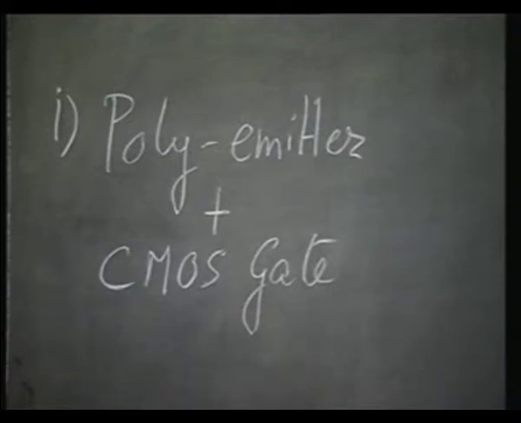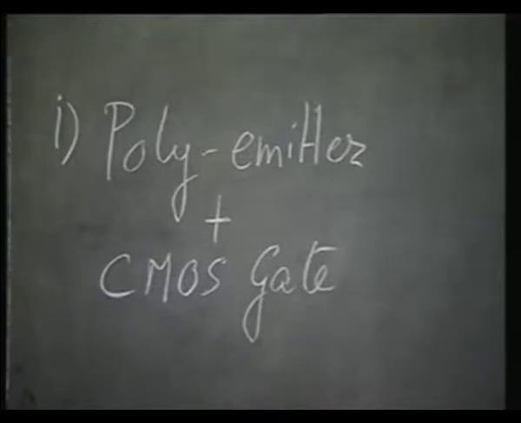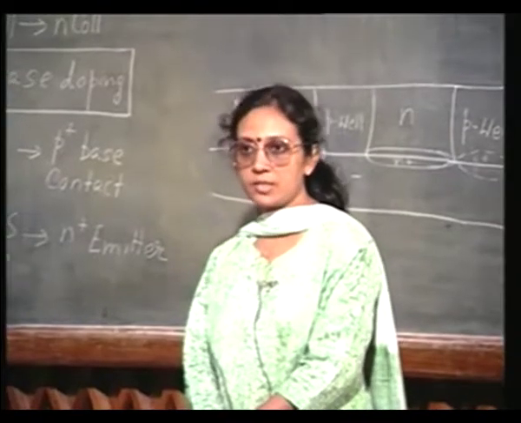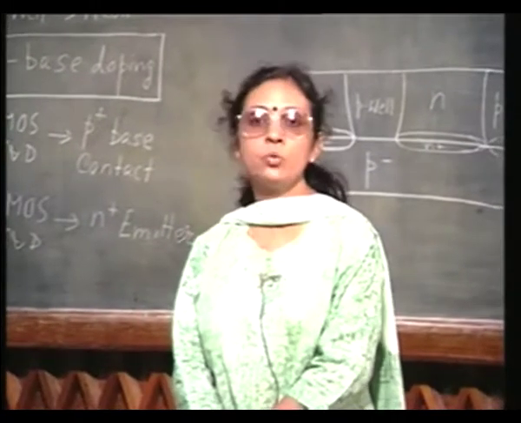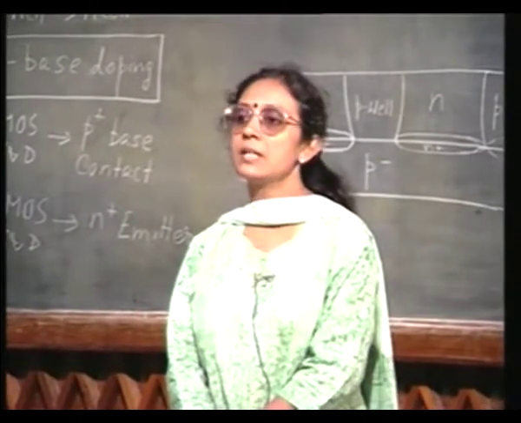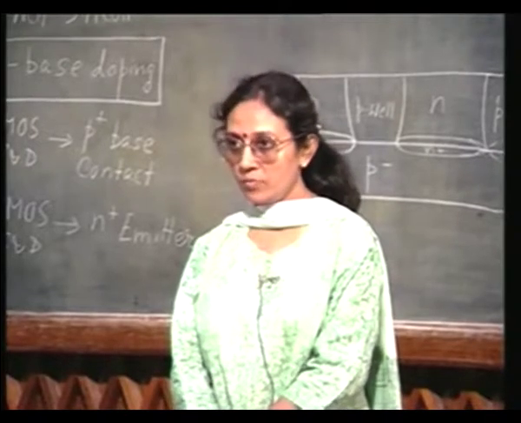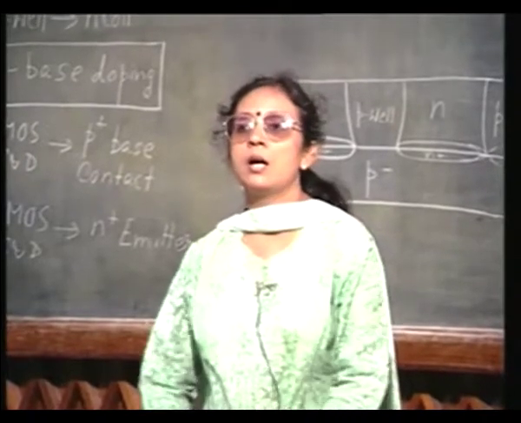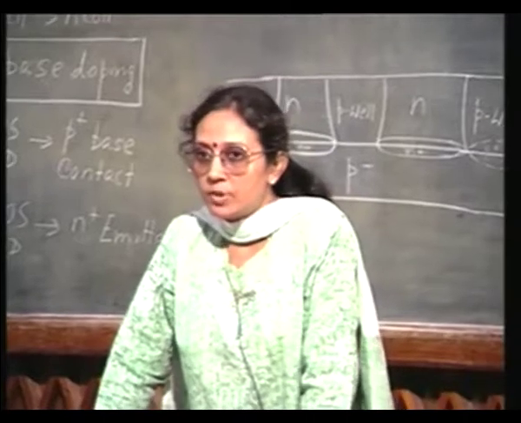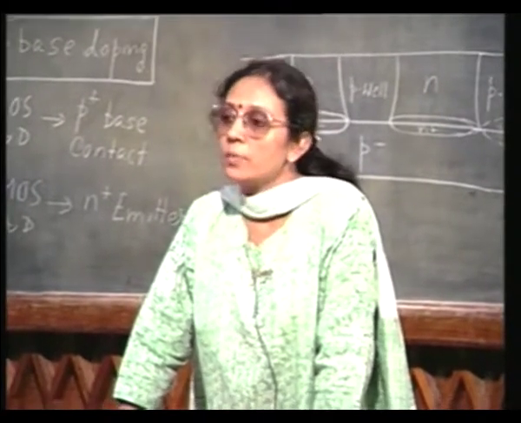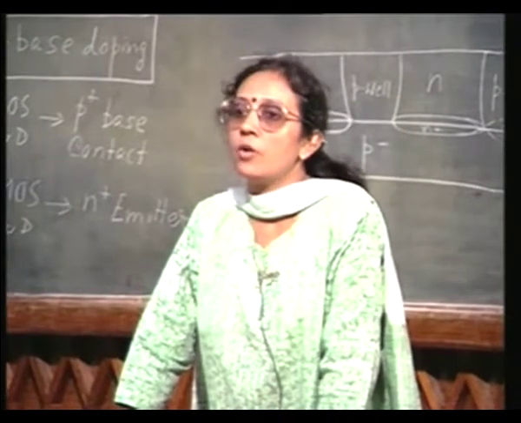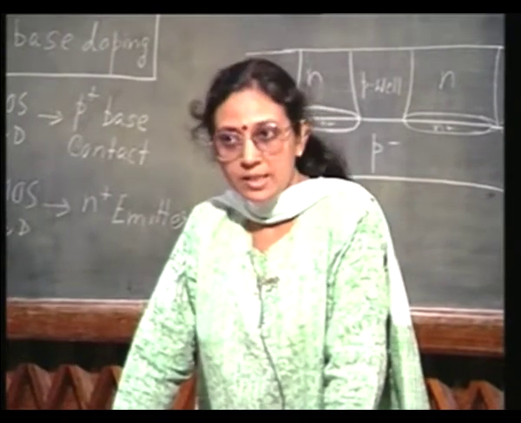Okay. Next you see, for high performance CMOS transistors, we must have a silicided gate. Polysilicon gate will not do because of its larger sheet resistance, because the RC time delay product will become large, right. So, we must cut down the resistance of the gate as well as the interconnections.